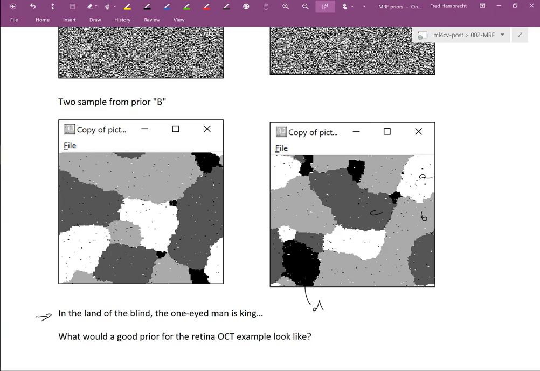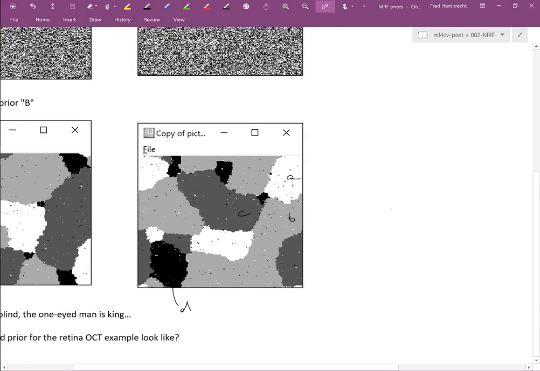Go ahead. What exactly do you mean by a sample of a prior? I do get the idea that we have some structure in mind and we want to penalize some transitions, but is a prior a function? Is it just a value P of that? A prior is a distribution.